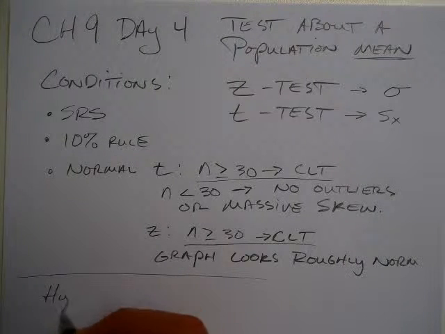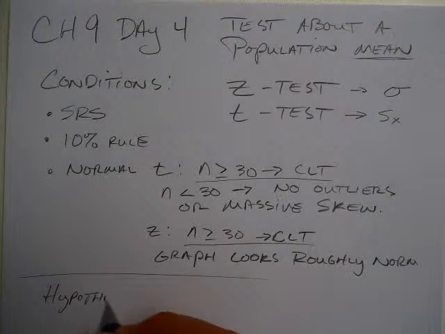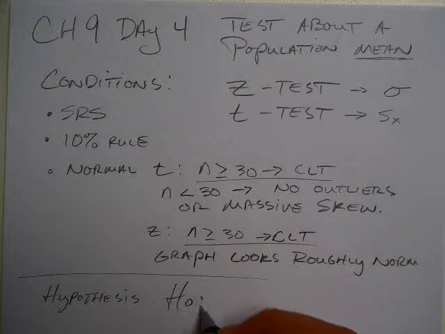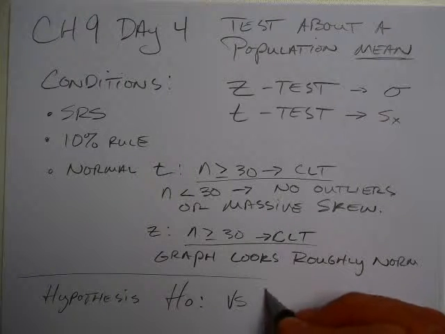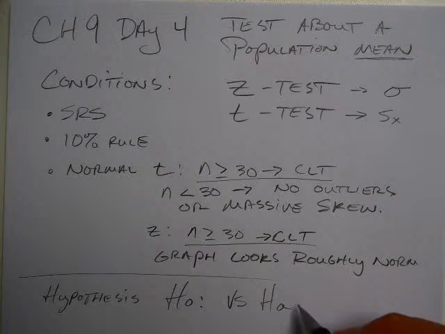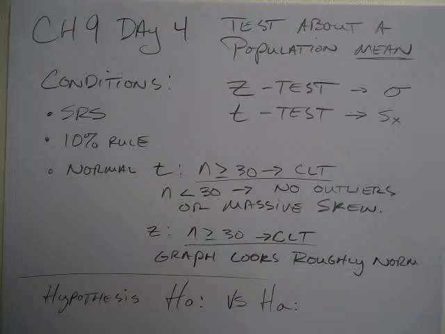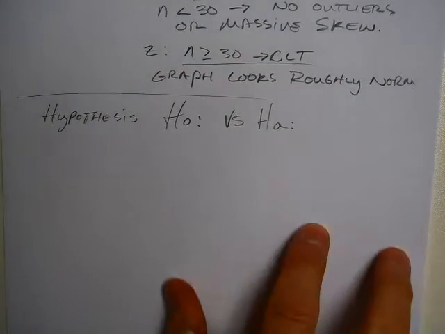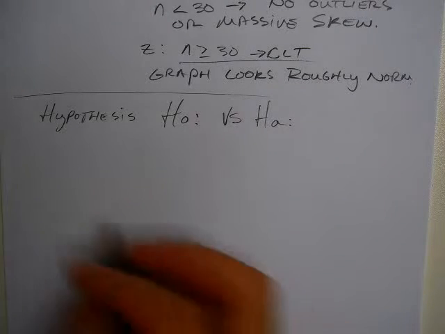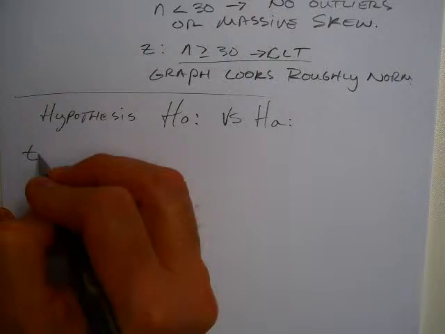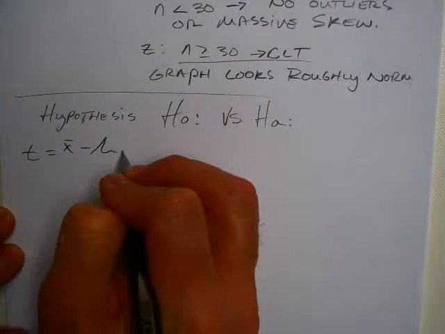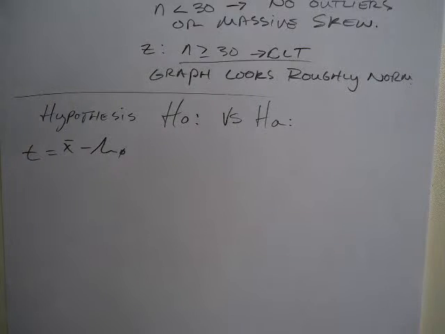We got the hypothesis, Ho versus Ha. We're getting used to this, I think. Our calculation for t would be x bar minus mu, and I'm going to put a little o there, this is mu sub naught.